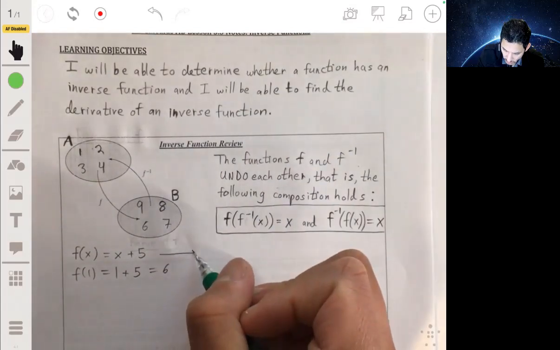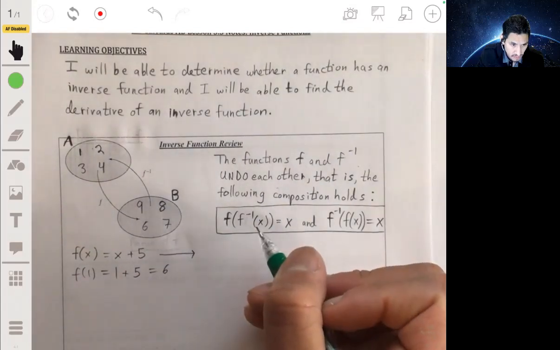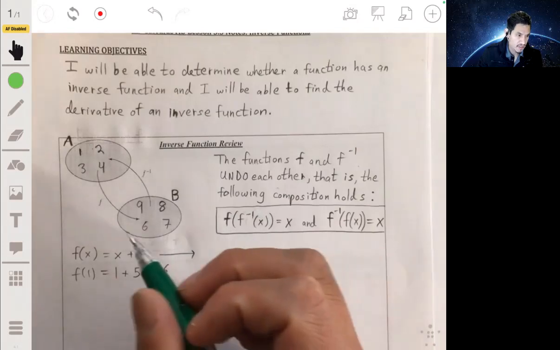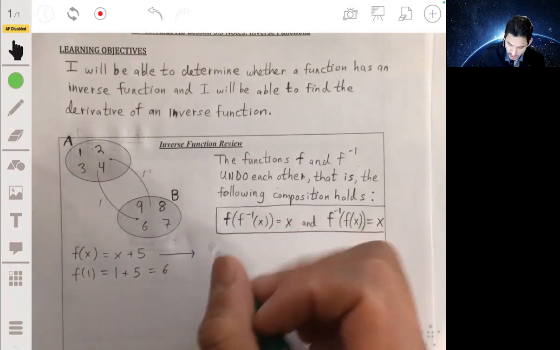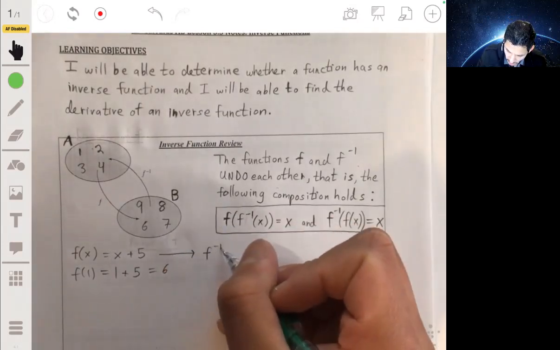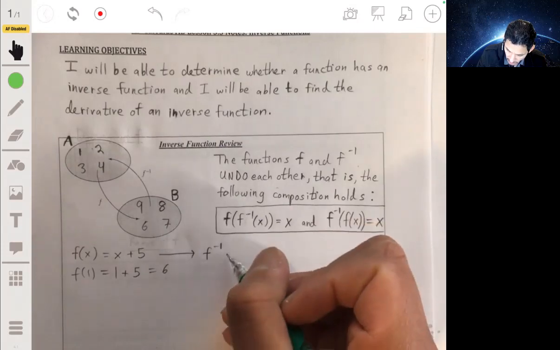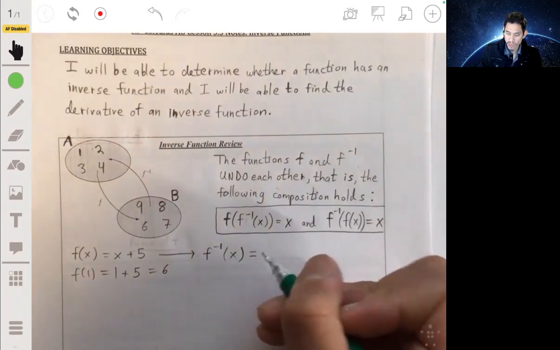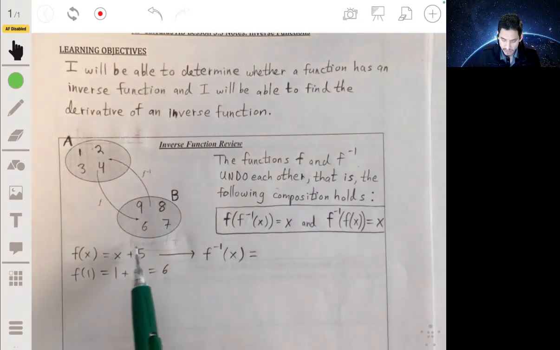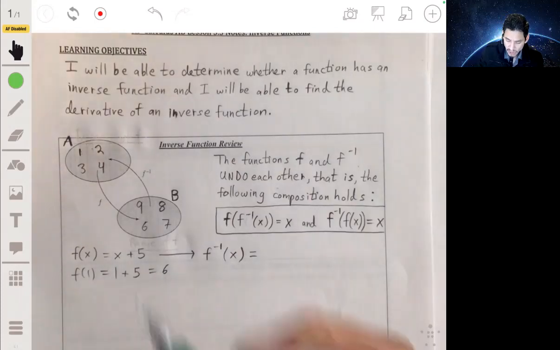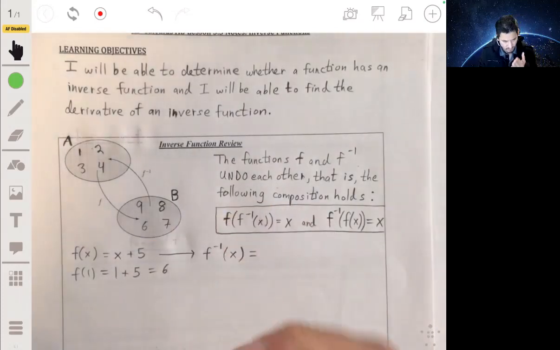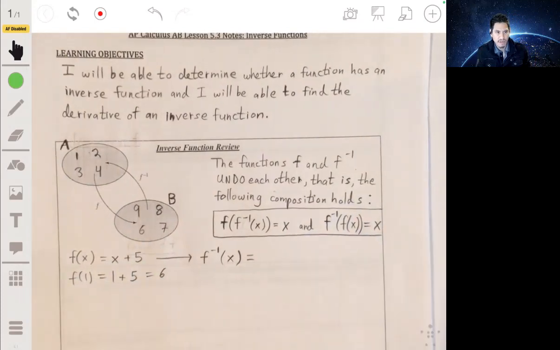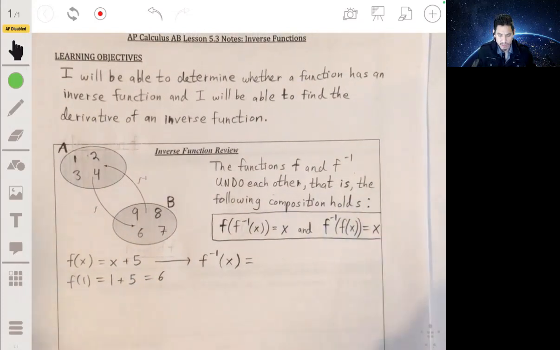Now, f inverse says that you're going to undo what the original function did. So if you have f inverse, you want to figure out what undoes adding 5 to something. Well, this is a very basic equation, so you can probably think, adding 5 is undone by subtracting 5.